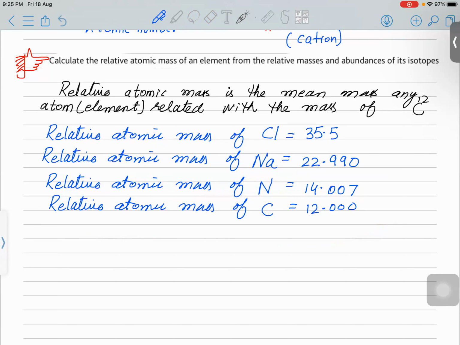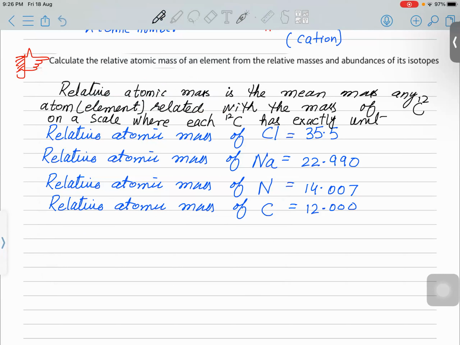So relative atomic mass is the mean mass of any element related with the mass of carbon 12. You can add this part in the definition: on a scale where each carbon 12 has exactly 12 units.